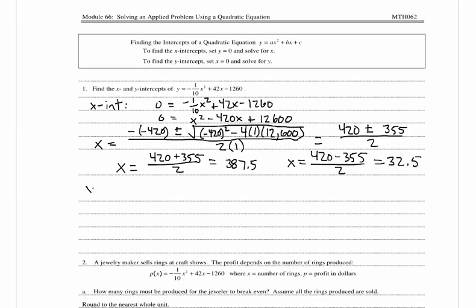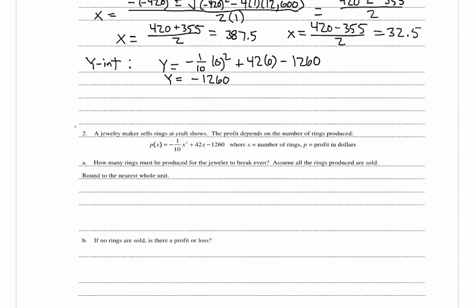And for the y-intercept, we're going to set x equal to 0. So we're going to have y is equal to negative 1/10 times 0 squared plus 42 times 0 minus 1260. And y is equal to negative 1260. So our y-intercept is at negative 1260.